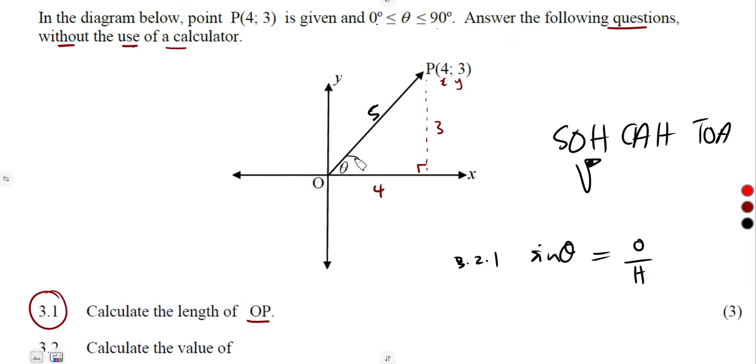According to theta, the opposite side is 3. The adjacent is between theta and 90, they are adjacent to each other. Then the hypotenuse is 5. So opposite is 3 over the hypotenuse, which is 5. So this gives us 3 over 5. That's 3.2.1.